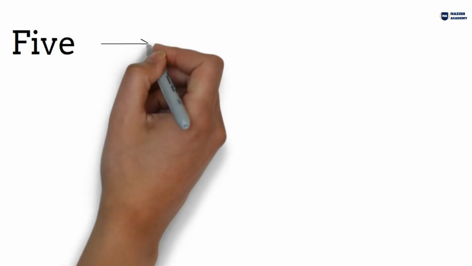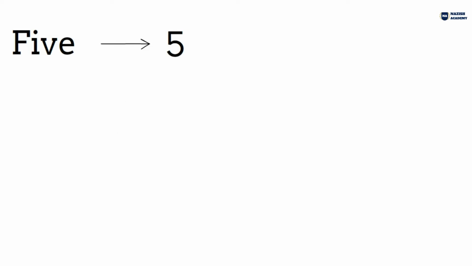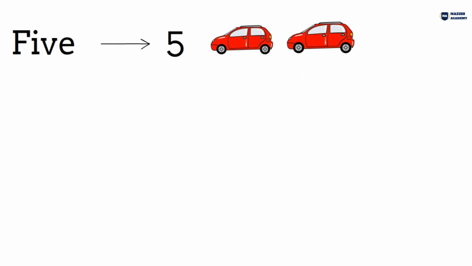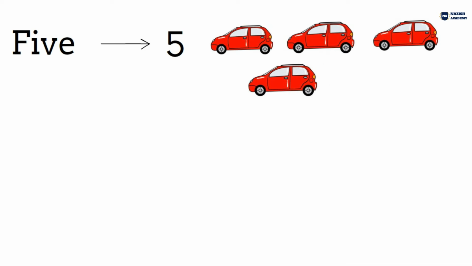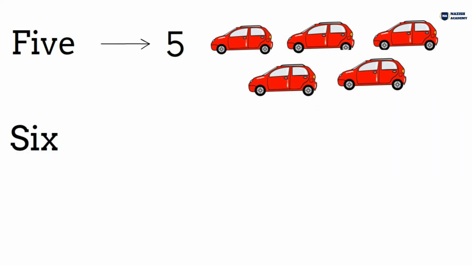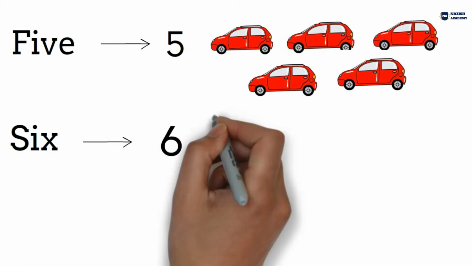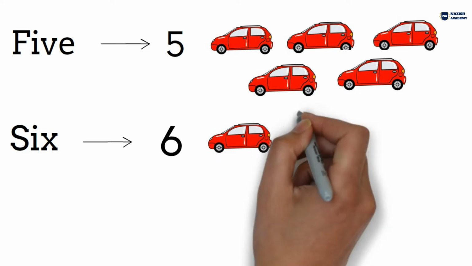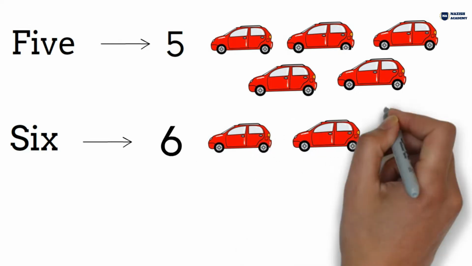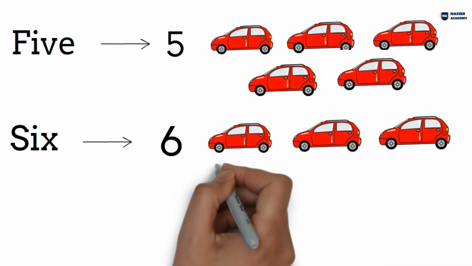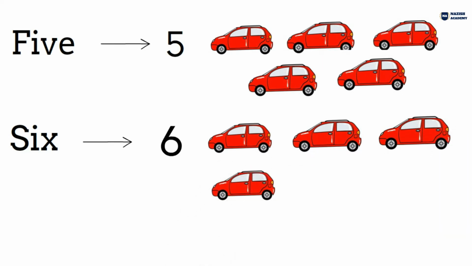Five, 5. 1 car, 2 cars, 3 cars, 4 cars, and 5 cars. Six, 6. 1 car, 2 cars, 3 cars, 4 cars, 5 cars, and 6 cars.